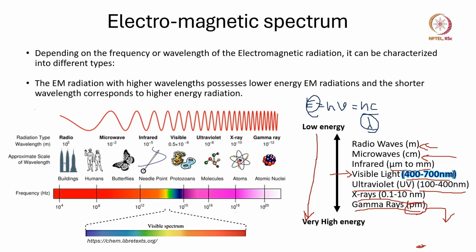And the smaller the wavelength, the more waves will pass through a point in a given second, which means higher energy is transmitted, which is higher frequency and shorter wavelength.